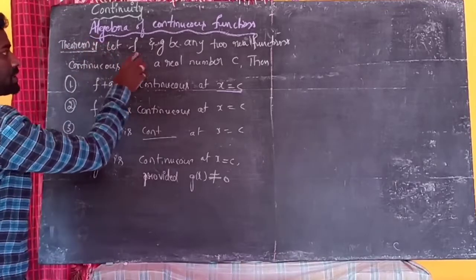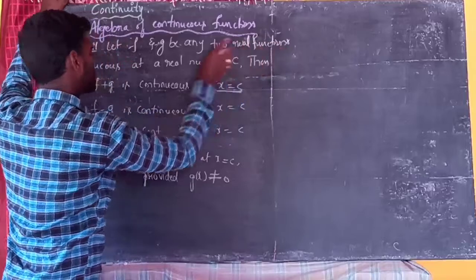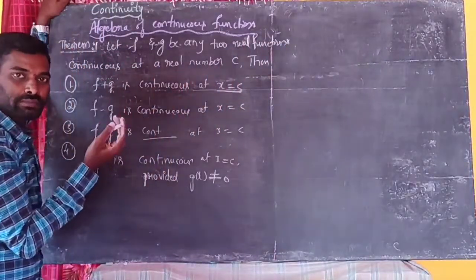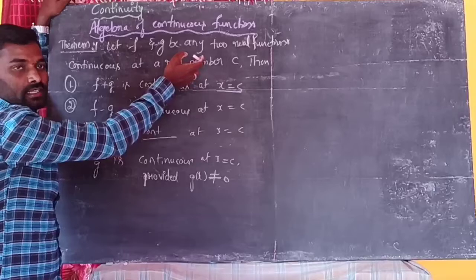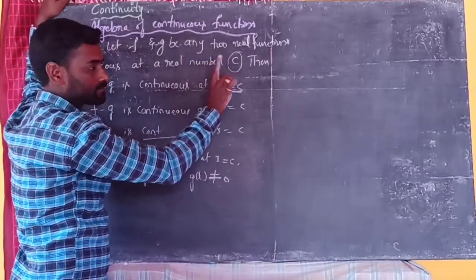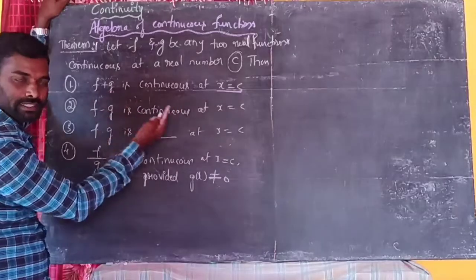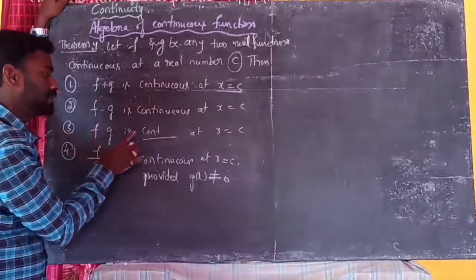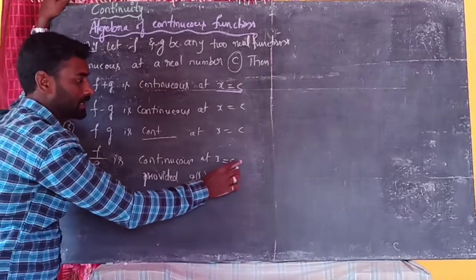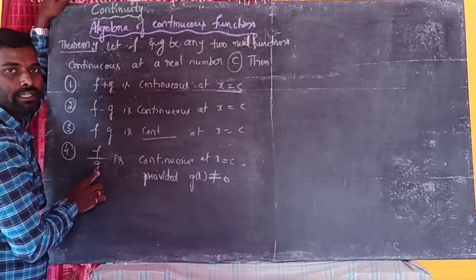Let f and g be any two real functions continuous at a real number C. Then f plus g is continuous at x is equal to C. F minus g is continuous at x is equal to C. F into g is continuous at x is equal to C. F by g is also continuous at x is equal to C, provided g of x, the denominator, is not equal to 0.